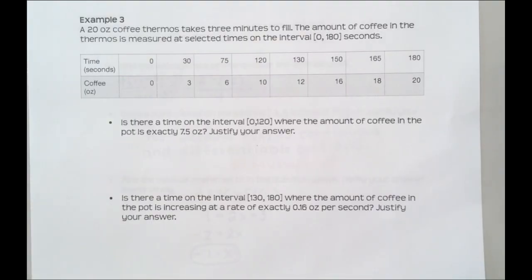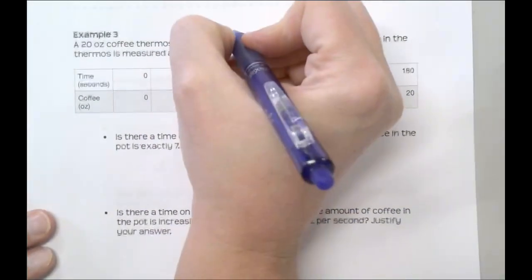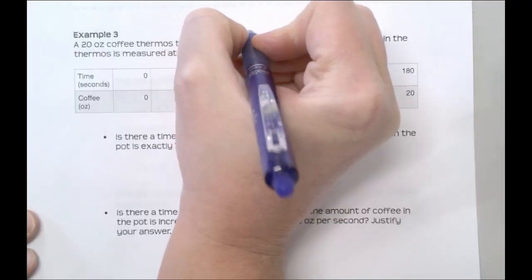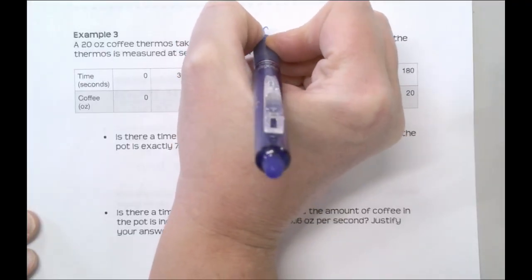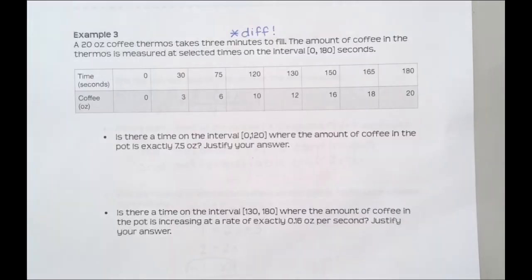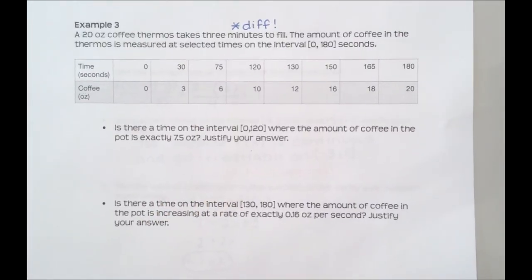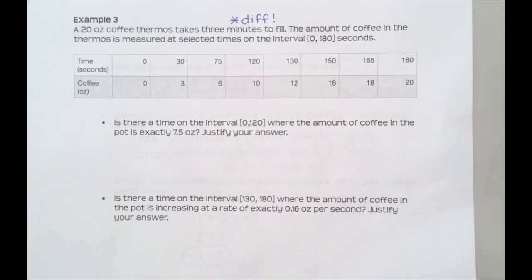Differentiability would be like if there was some sort of sudden movement, sudden change. So I really should have added to the wording of this question that we're dealing with a differentiable function. Okay? Because that's going to make it so that we can use MVT to answer these questions. So normally in a well-written question, that would be in there.